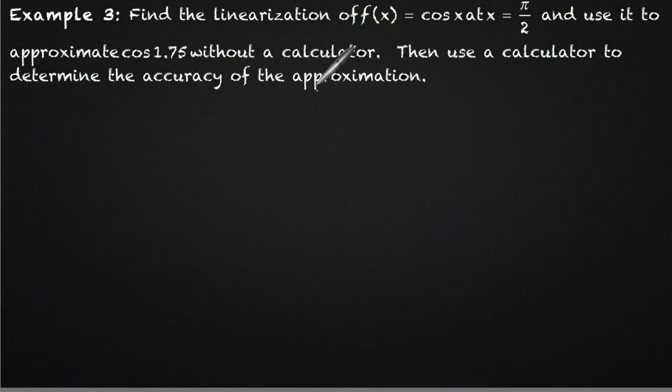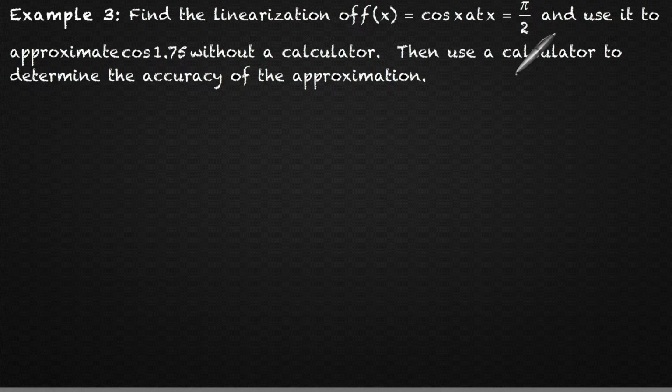Okay, example 3. Find the linearization of f of x equals cosine of x at x equals pi over 2. So this is just a fancy way of saying write the tangent line of cosine of x at x equals pi over 2 and use it to approximate cosine of 1.75 without a calculator. Then use a calculator to determine the accuracy of the approximation.